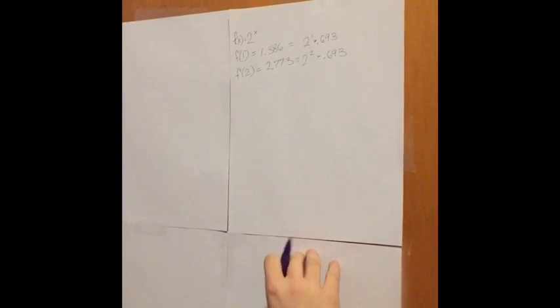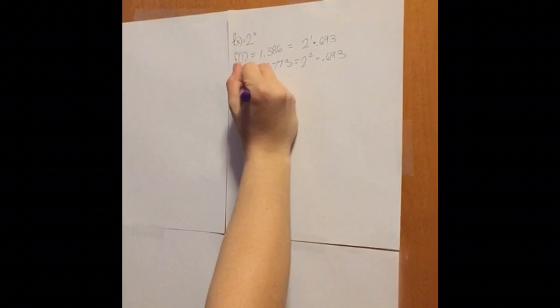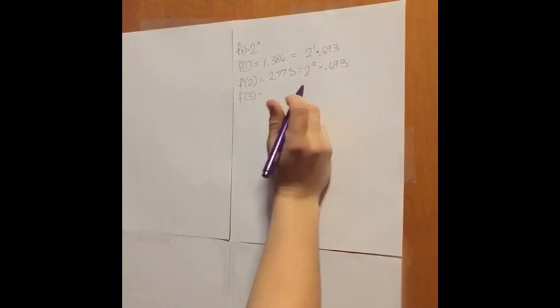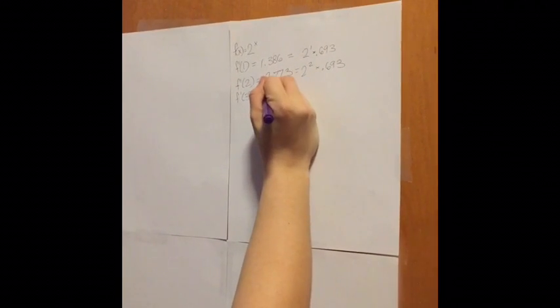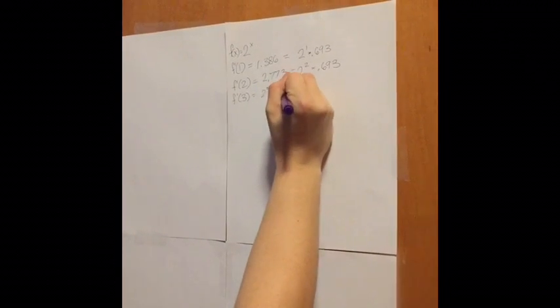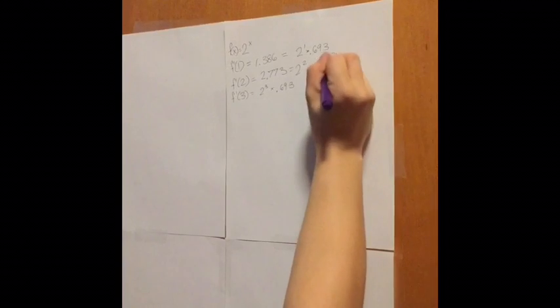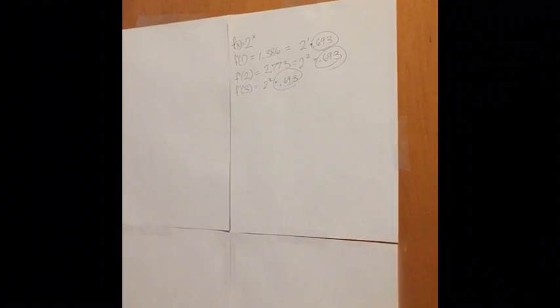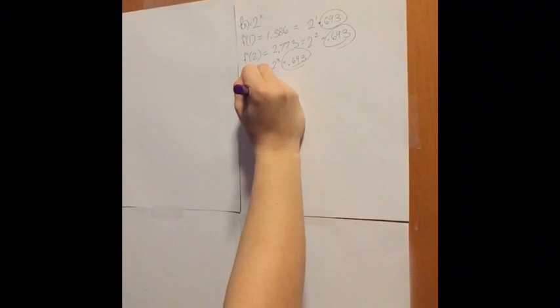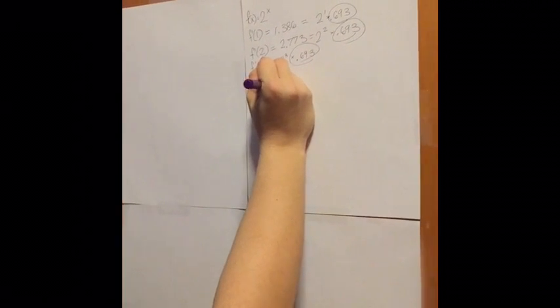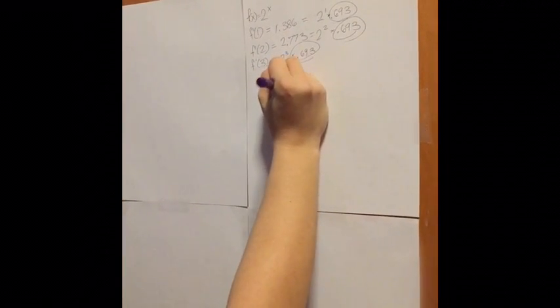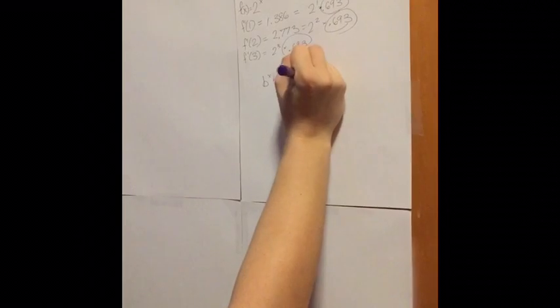Finally, let's see what the slope at 3 is. Well, what do you know? It's going to be 2 to the 3 times 0.693, which means that there is a magic number. But how do we find that magic number? How do we find what K is? Kelly's going to teach you whenever you're ready.